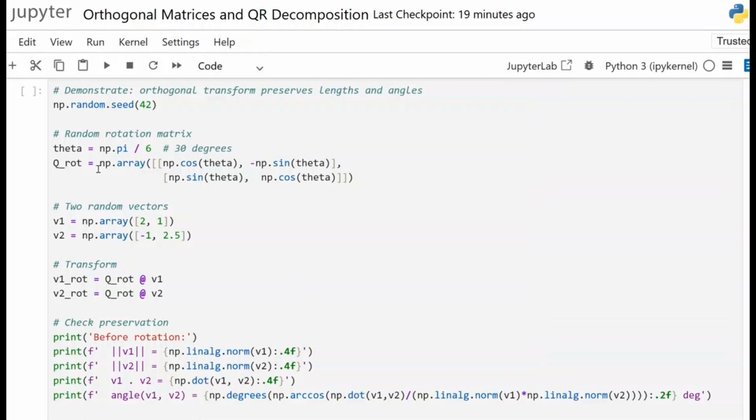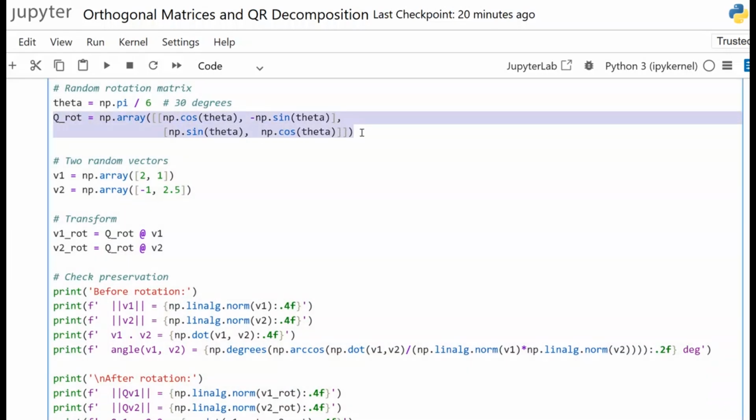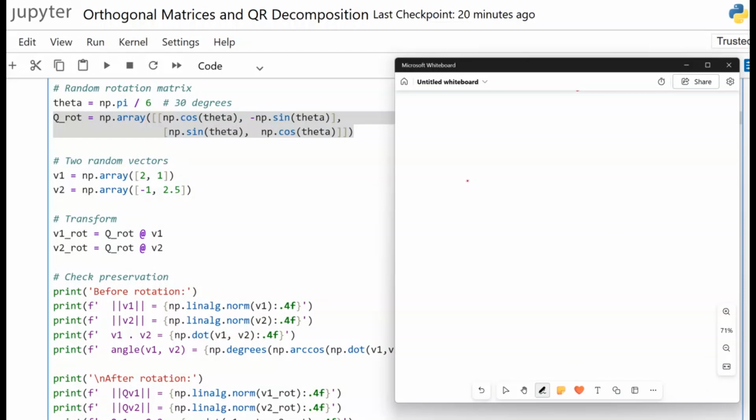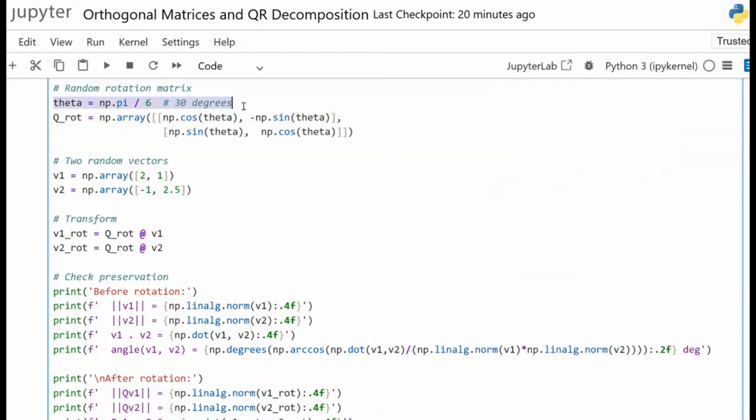So kindly observe, dear friends, this exact matrix defines a 2D rotation matrix, with cos theta, minus sin theta, and sin theta, cos theta. Such a matrix is orthogonal, meaning Q transpose Q is equal to I. And it represents a counterclockwise rotation, here with 30 degrees.